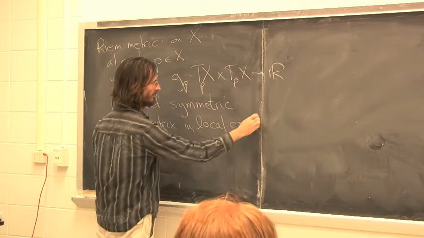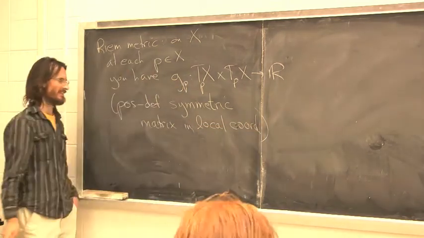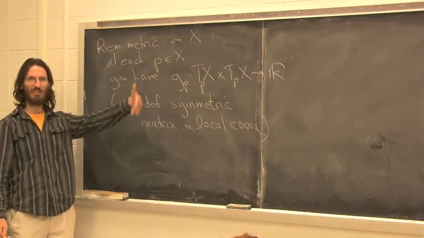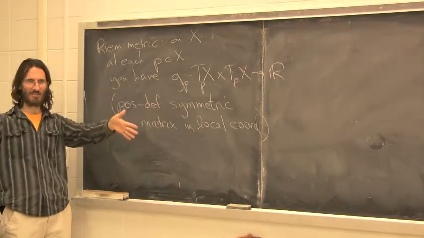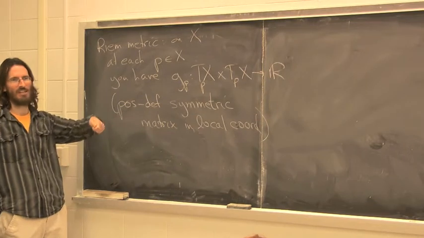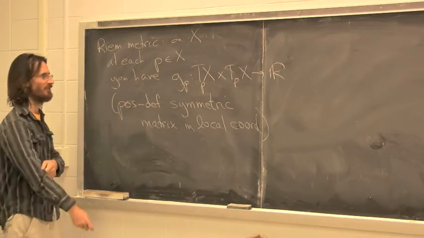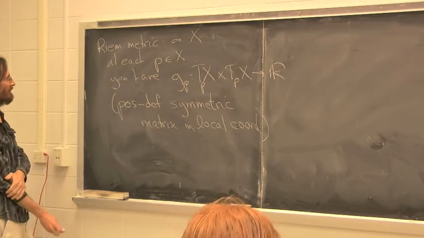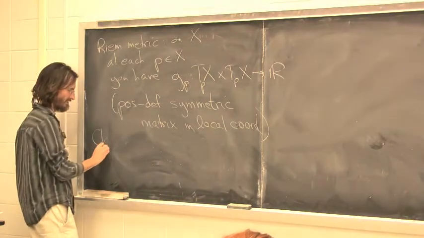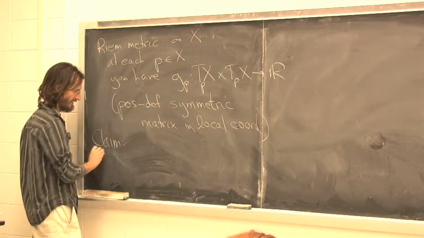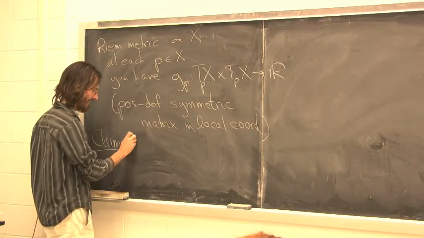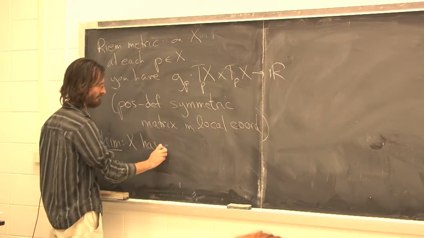Varying smoothly with P just means, when you write it down in local coordinates, every coefficient of that matrix is a function of your position, and those functions should be smooth in the local coordinates. So the first thing is the claim: whatever X is, it has a Riemannian metric.